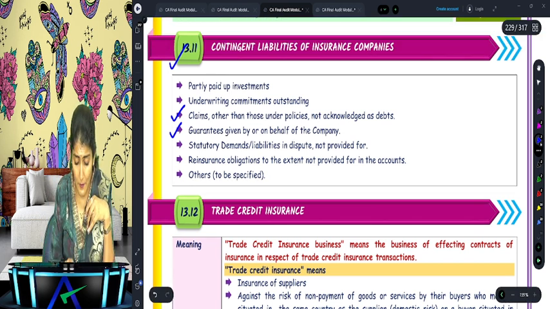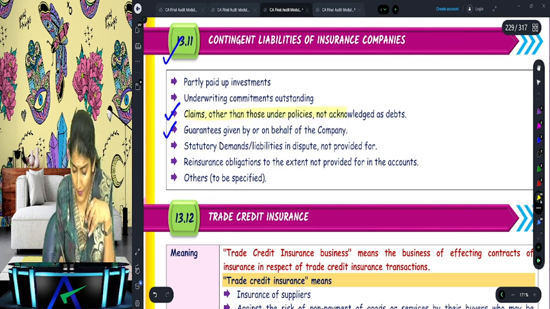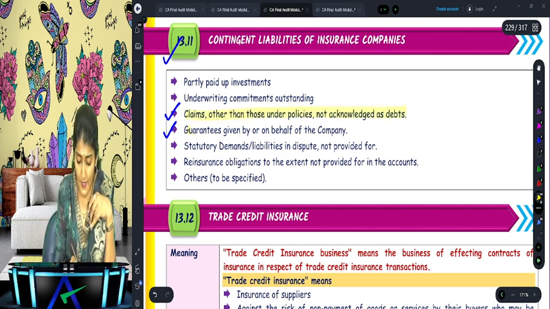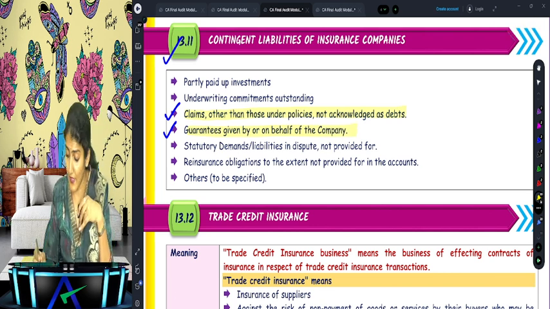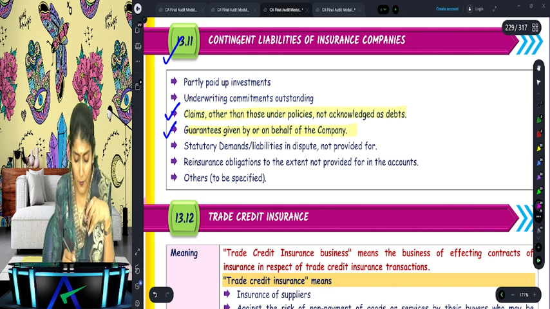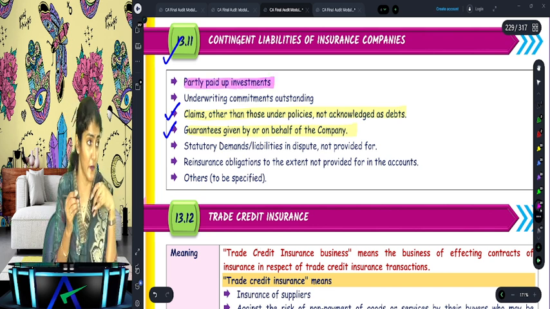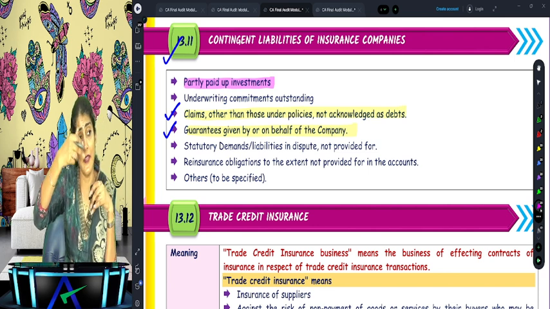So are these similar ones over here? Claims other than those under policies not acknowledged as debts, then guarantees given by or on behalf of the company. Then what are the other three points over here? Partly paid up investments, because whenever that uncalled part is called for, will the insurance company have to pay for that?